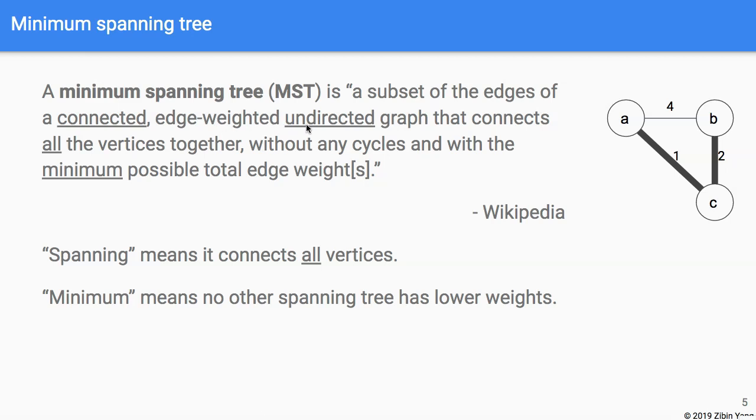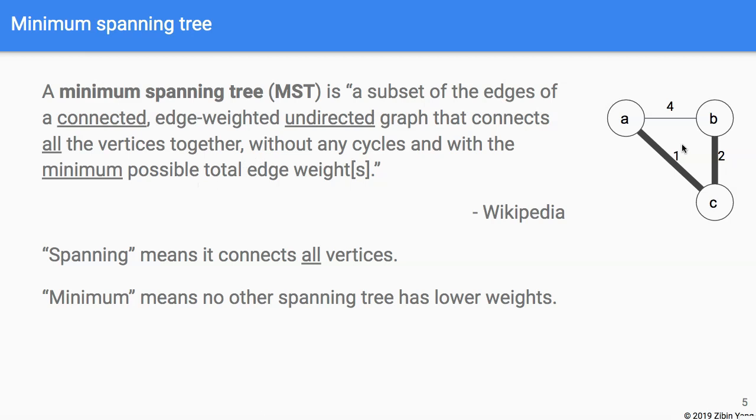And all these edges do not have a direction, so they're undirected edges. Now, the MST is a subset of the edges in this graph, and it connects all the vertices together, and it does not have any cycle. And then the total weight of all the edges in this subset of edges is the minimum possible.